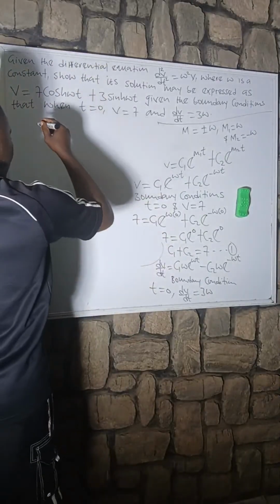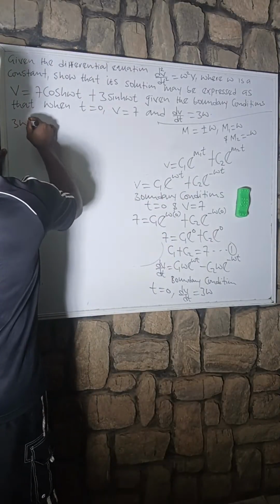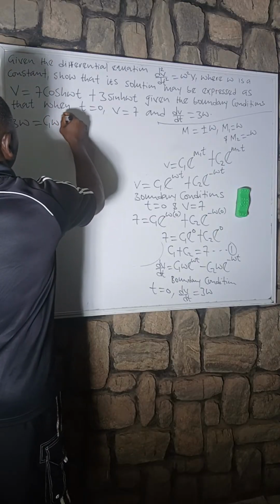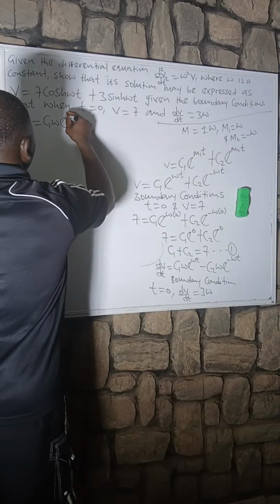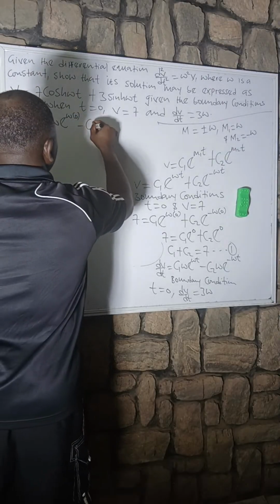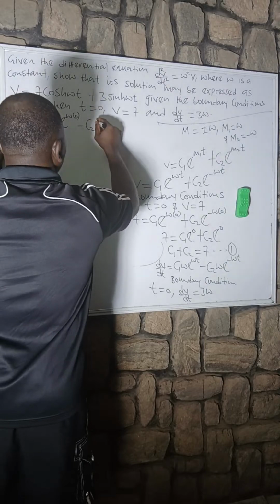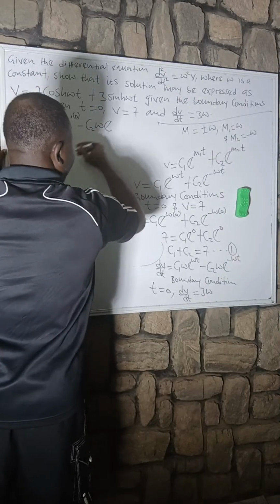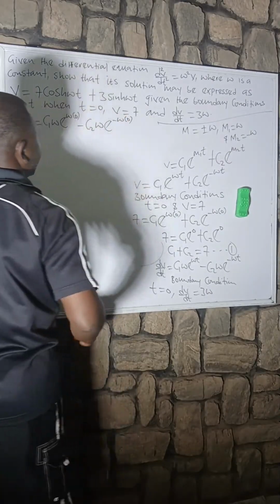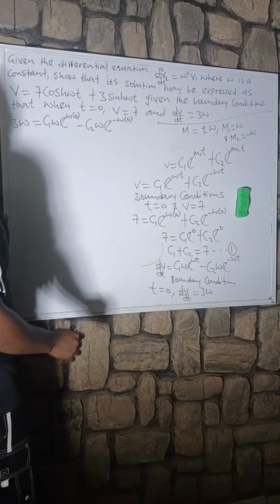So here will now be 3 omega equals c1 omega exponential omega 0, then minus c2 omega exponential minus omega 0, because your t is 0.